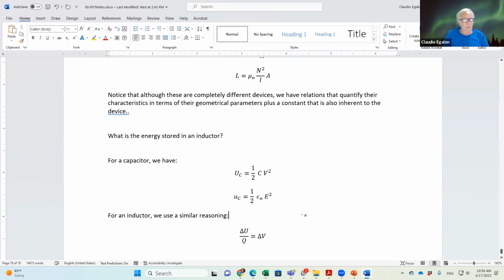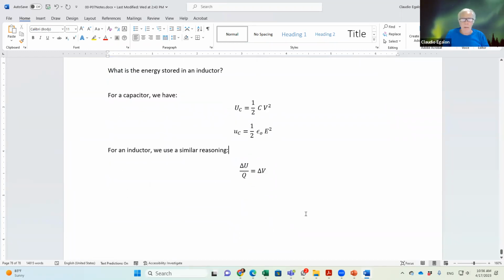We always go back to that. I'm even going to simplify the equation by eliminating this delta right here. So if I want to know the potential energy stored in an inductor, just like we did for the capacitor, we gotta multiply Q by V. By the way, this V here for the inductor is going to be the induced voltage.